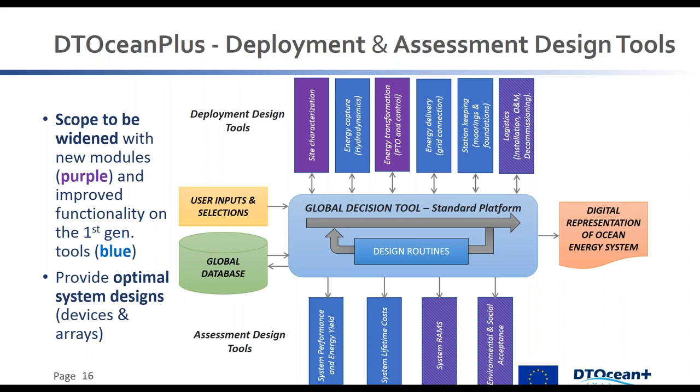At the top of the diagram, we have the modules concerning the deployment design tools, whereas at the bottom, we have the assessment design tools. Those are the same modules that Gillian has explained before.